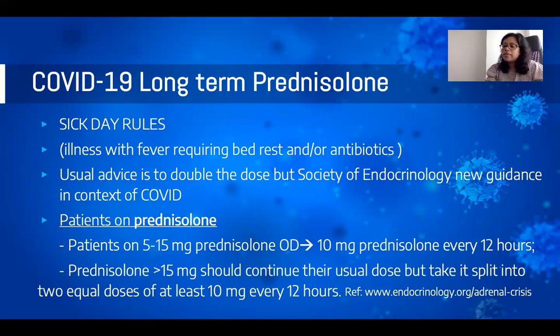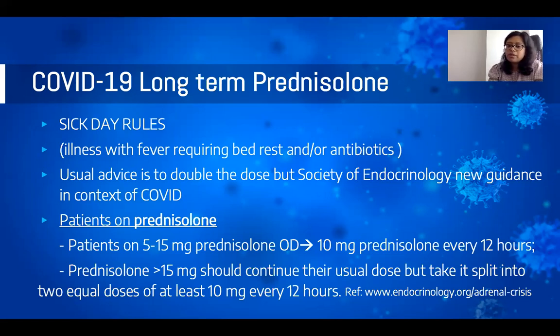And for those taking doses above 15 milligrams, they should continue their usual dose, but take it split into 2 equal doses of at least 10 milligrams every 12 hours. So for example, if a patient is on 20 milligrams of prednisolone for a long time, they can split the dose to 10 milligrams twice a day.